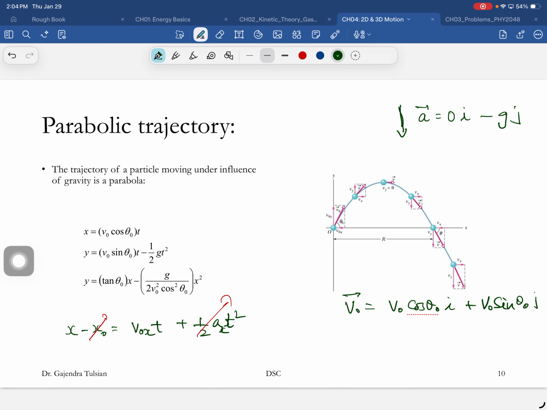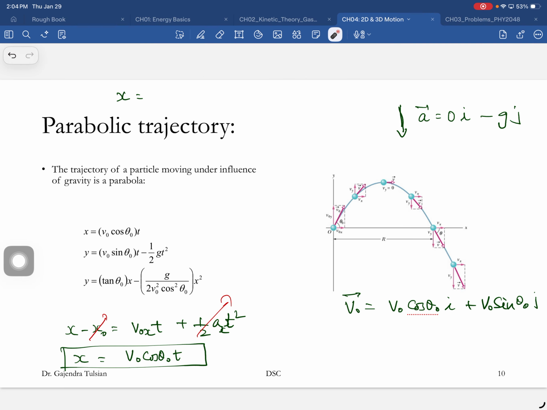Now here is the y coordinate after time t. What we'll do is solve for t from here, because we want to express y in terms of x. So t is equal to x divided by v naught cosine theta naught, and we'll put that in here.